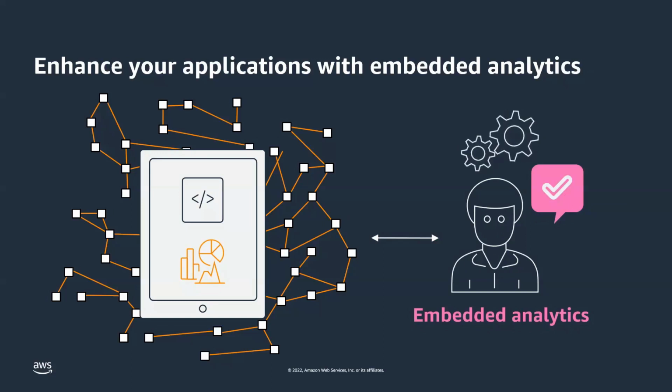Now, once you have these insights, how do you make them available to your end users? And that's where embedded analytics comes into play. You can provide timely, actionable details that help your users make data-driven decisions with embedded analytics.